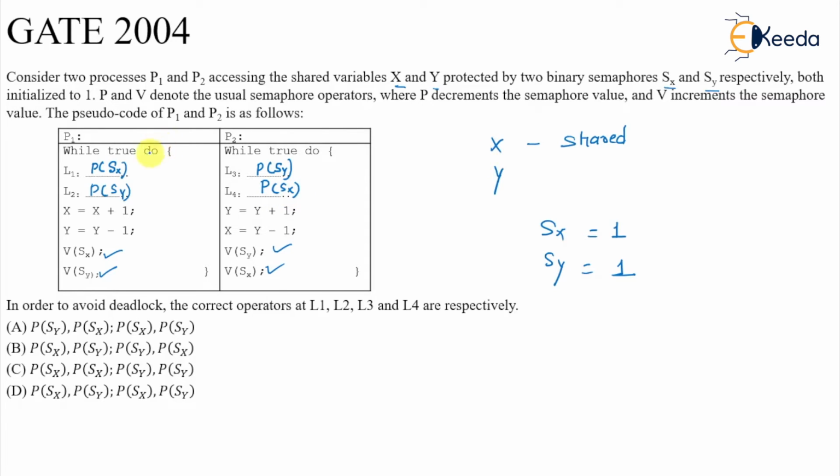Here I down it, it is successful, and the other will also down it, it will be successful, and then it will get stuck here, leading to deadlock. Why? Because both have successfully cleared the first statements L1 and L3, but when they come to the next statement, they will definitely get stuck.